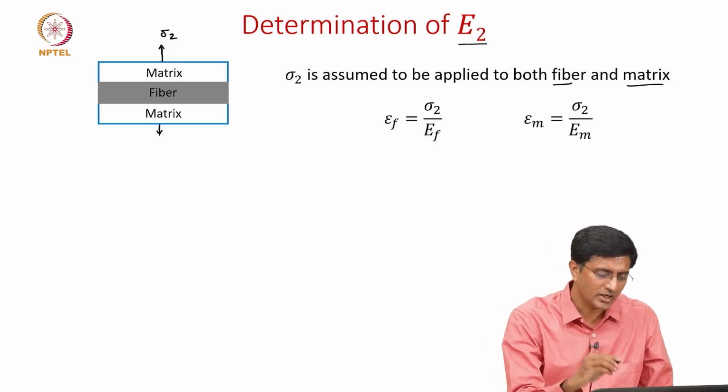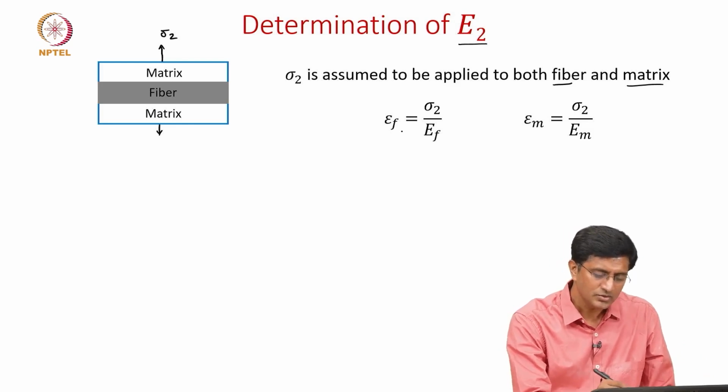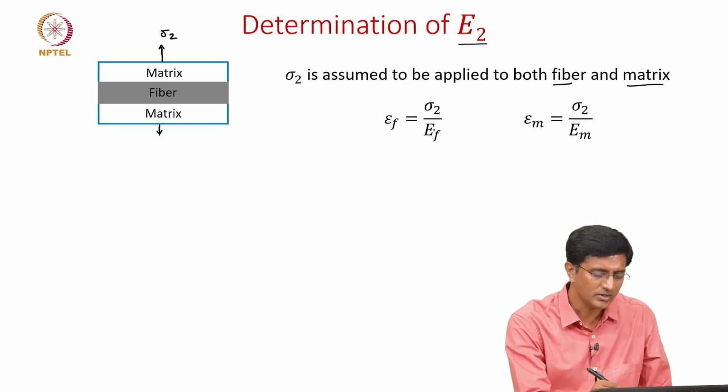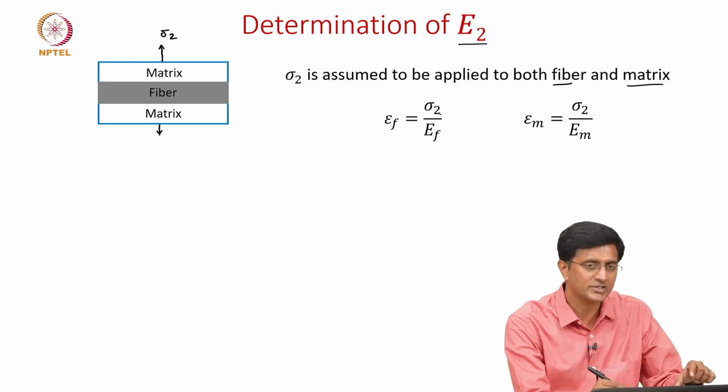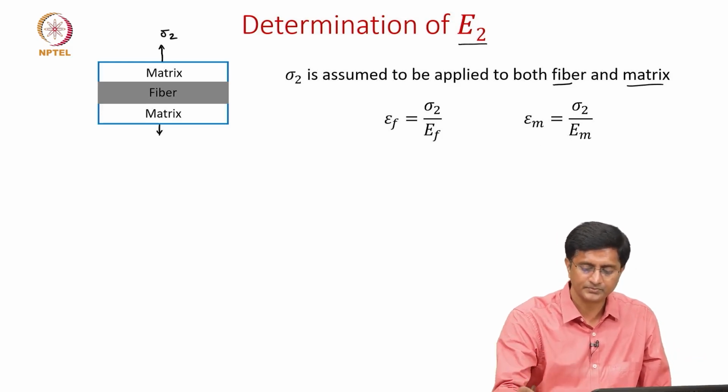So first we start by looking at the definition of strain for the matrix and the fibers. These are a standard definition of strain, stress divided by Young's modulus. The only difference is here we replace the stress in the fiber with the applied stress sigma 2. Similarly for the matrix as well.